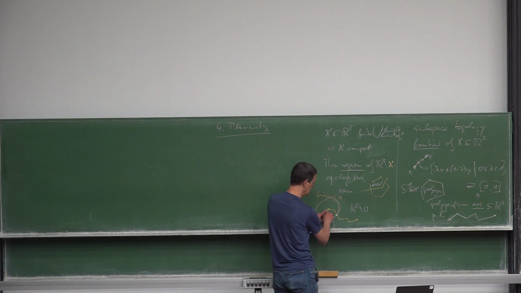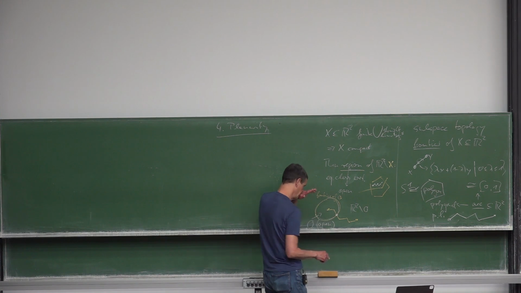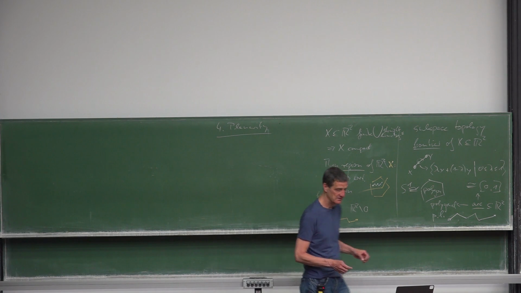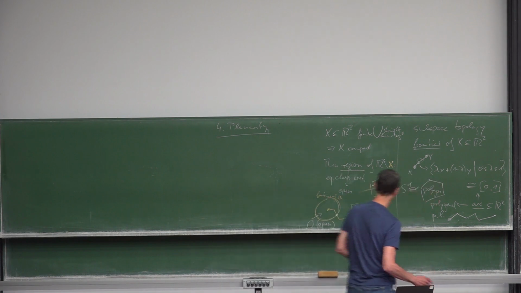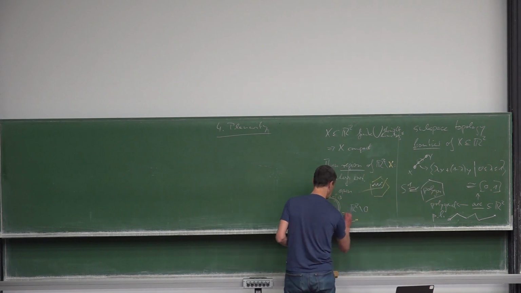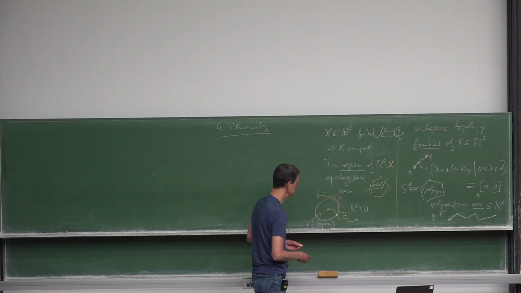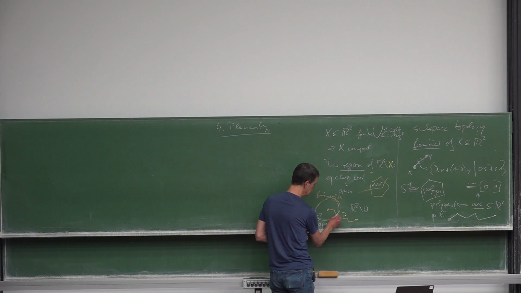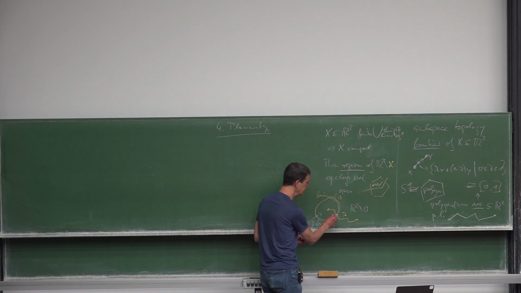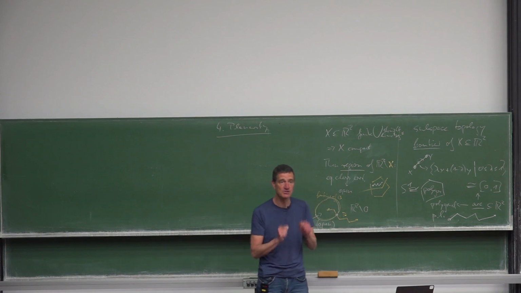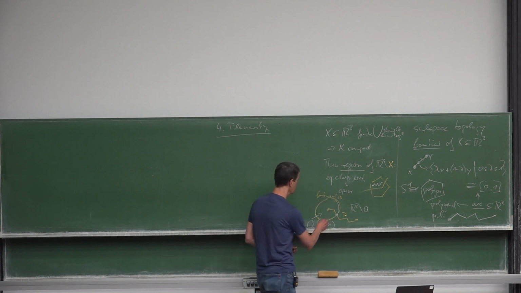So this is an arbitrary polygonal arc from a point in O to a point outside O. And my claim is that this particular polygonal arc has a first point, has some point, but in particular has a first point on that frontier.